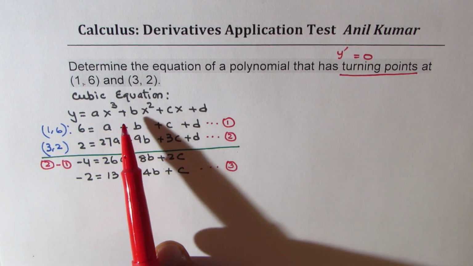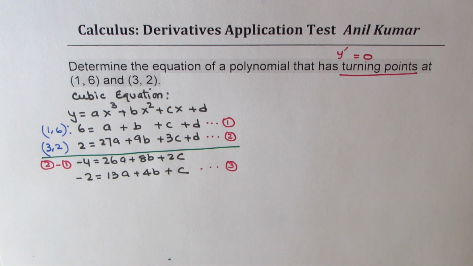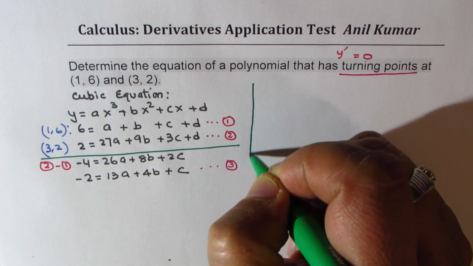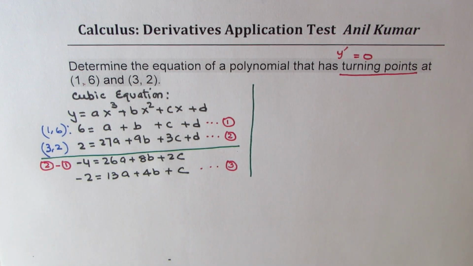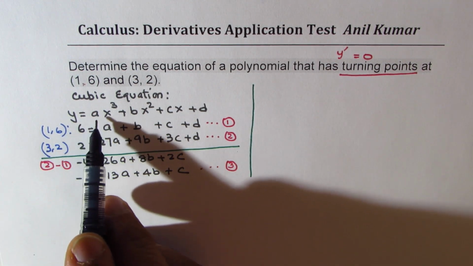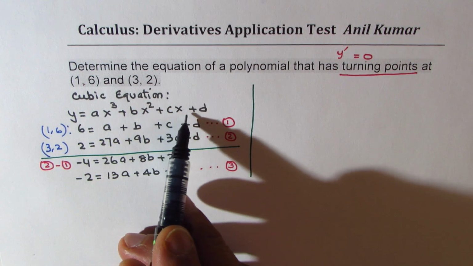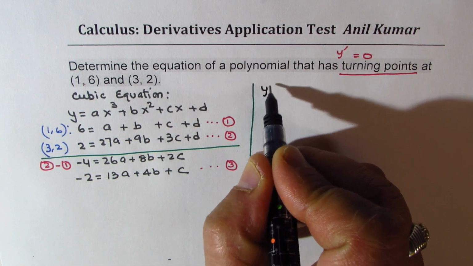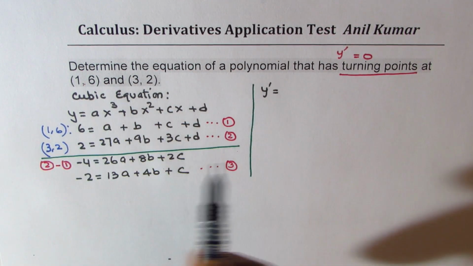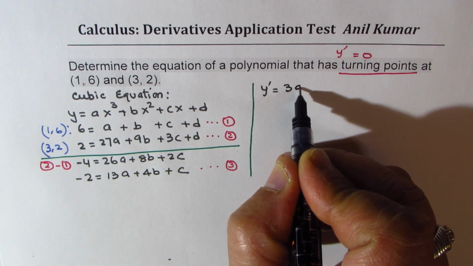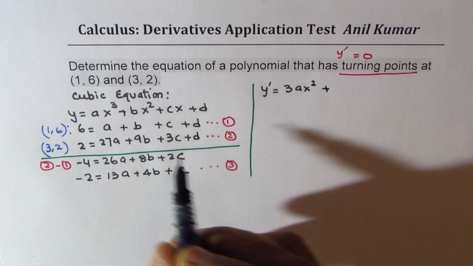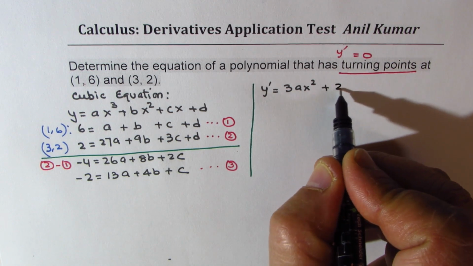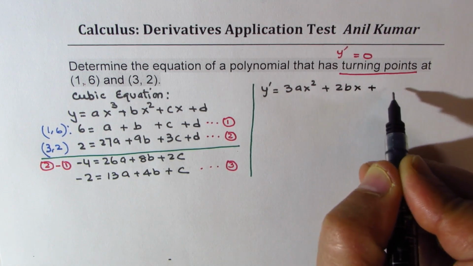Now, let's look into the derivative part. Okay, so let's go to this side now and work on the derivative. If y equals ax cubed plus bx squared plus cx plus d, what is the derivative equal to? 3ax squared plus 2bx plus c.